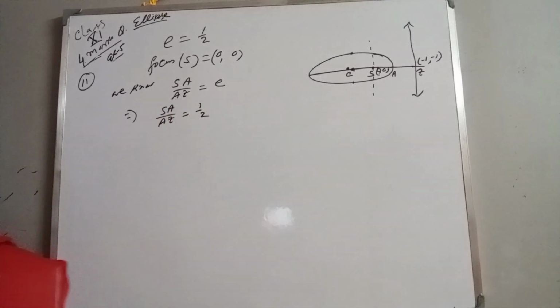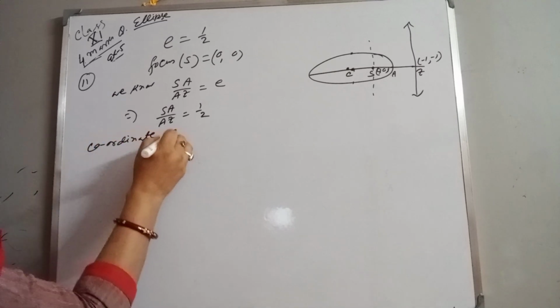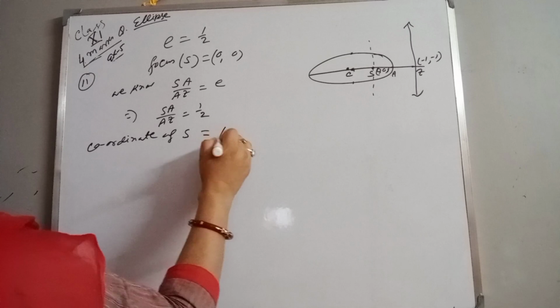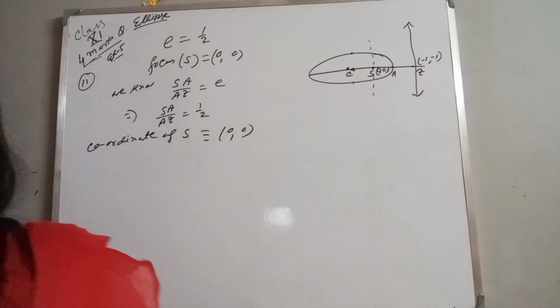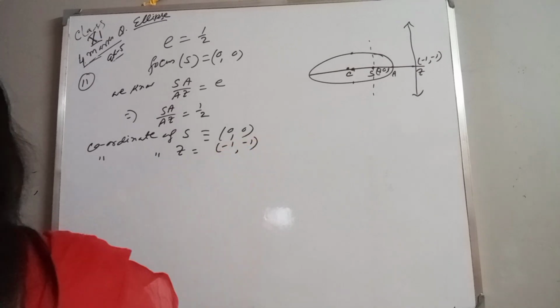Okay, now coordinate of S is at 0, 0, right? And coordinate of Z, that is also given at -1, -1.